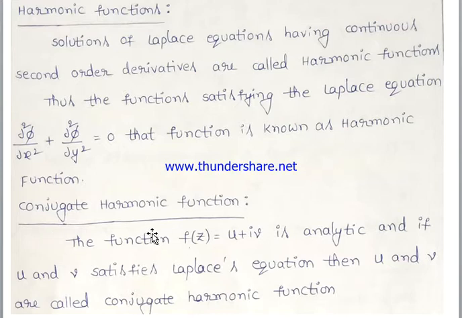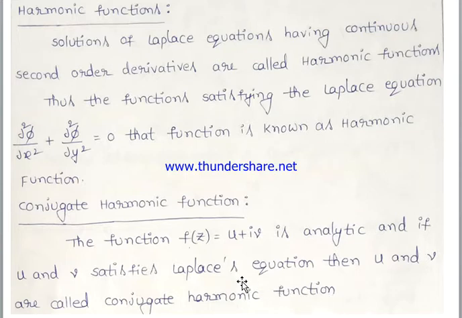Next, the conjugate harmonic function. The function f of z equal to u plus iv is analytic, and if u and v satisfy the Laplace equations, then u and v are called conjugate harmonic functions.